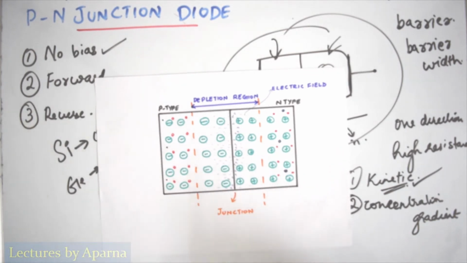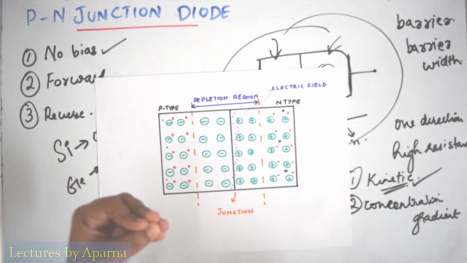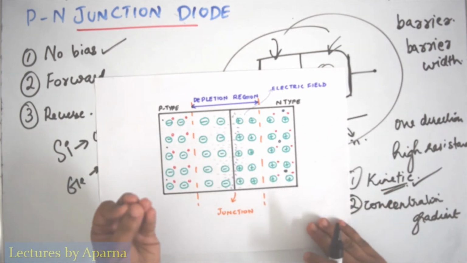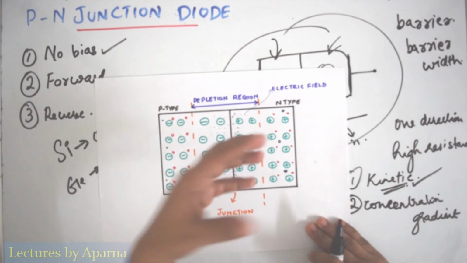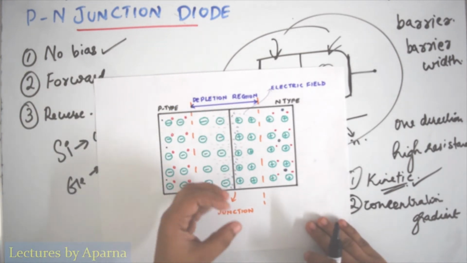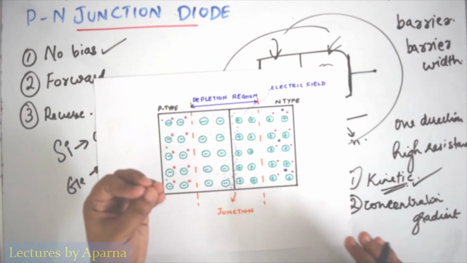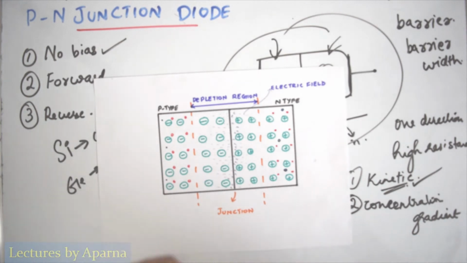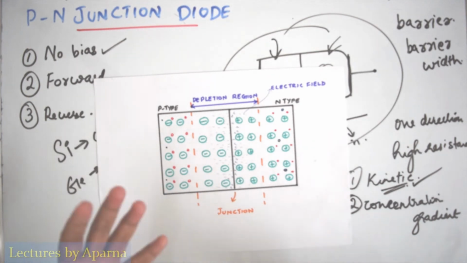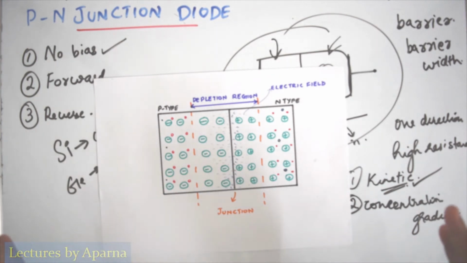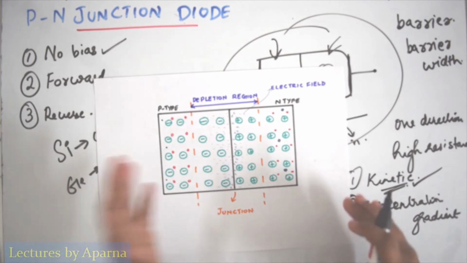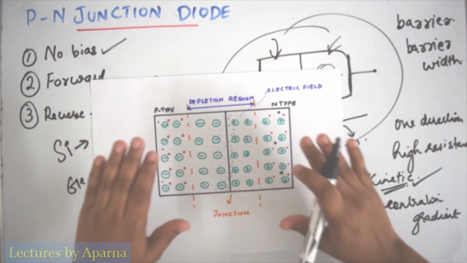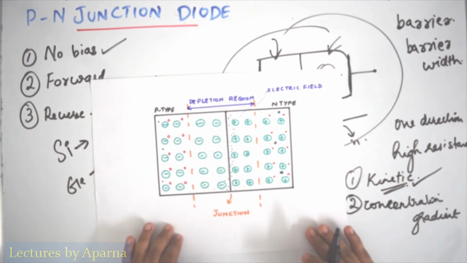But this flow of minority carriers is very small compared to the diffusion of the majority carriers in the starting. So this minority carrier diffusion can be neglected almost. So this is what happens with the majority carriers and minority carriers when no bias is given to the PN junction.